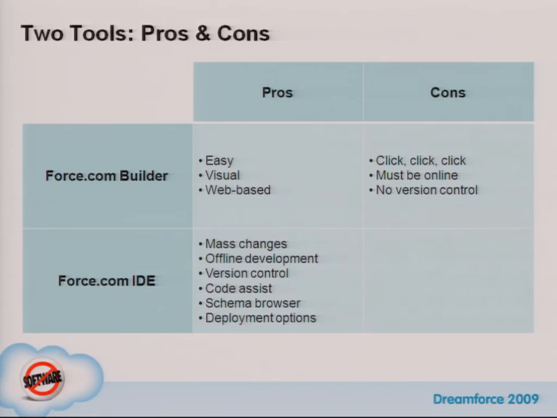Deployment is probably one of the biggest reasons why people use the IDE. So how many people have deployed Apex code into an organization? Okay. So you probably noticed one of the first things people realize when they start doing Apex is, why is there no new button in production? If you haven't experienced that yet, it's by design.